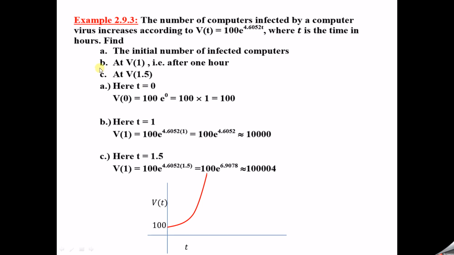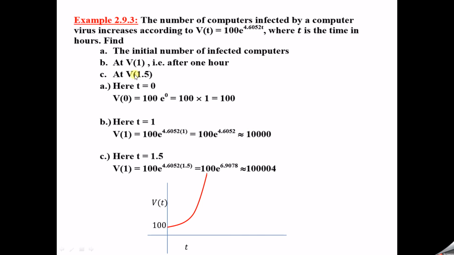Now the second question: at V(1), what is the value after 1 hour? After 1 hour means you have to put t equal to 1. So V(1) is equal to 100 times e power 4.6052 times 1. In place of t, put 1. If you use a calculator, the value of this will be approximately 10,000.